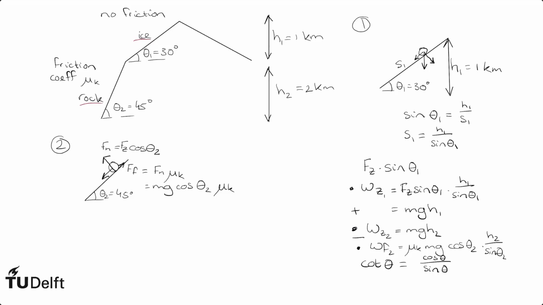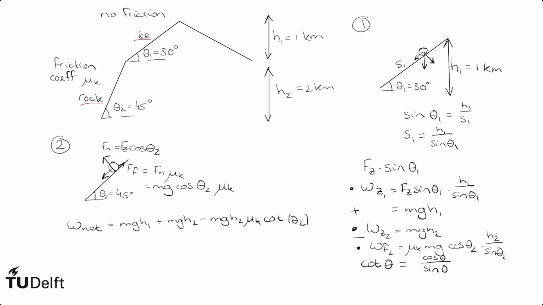So the net work is the following. It's m, so net work is mgh1 plus mgh2 minus mg, and now we have a combination. It's h2 mu k, and then we have the cosine divided by the sine, which is 1 over the tangent, also known as the cotangent of theta 2, this angle.